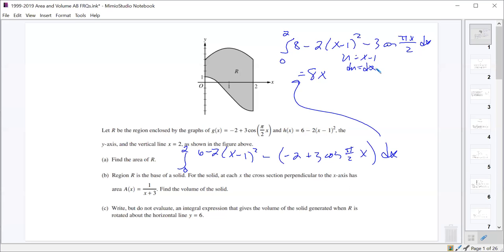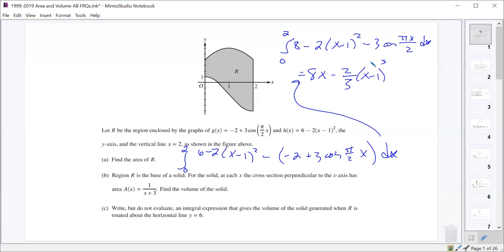Just dx. If du equals dx, you can just go ahead and integrate as if this was u squared. This is 2u squared, so that would become minus 2u cubed over 3. So minus 2/3 (x minus 1) cubed.